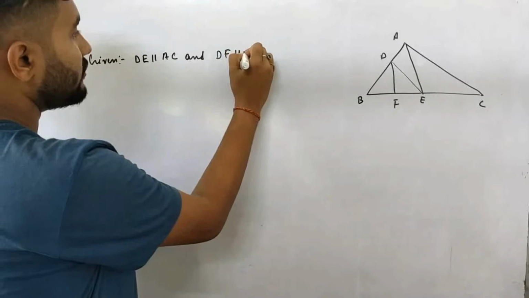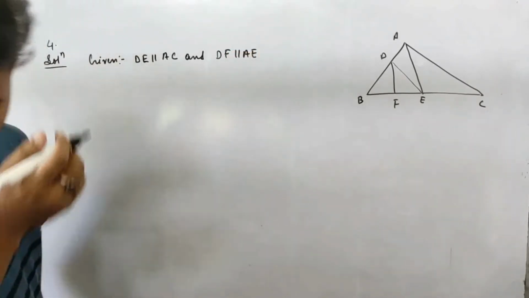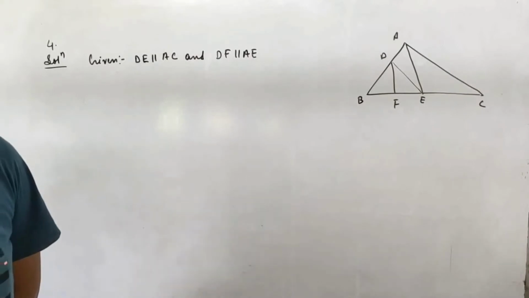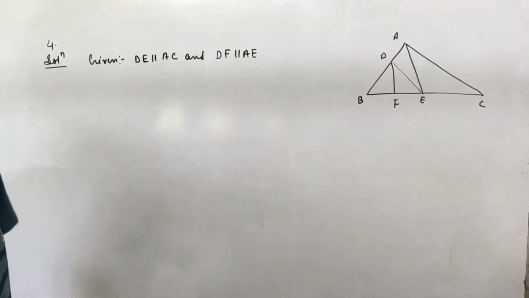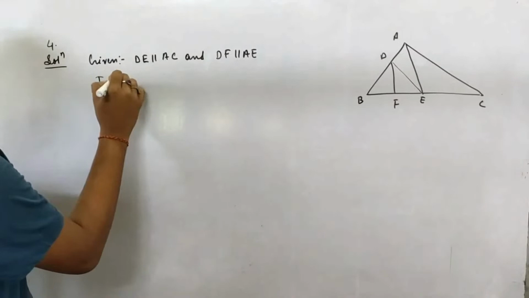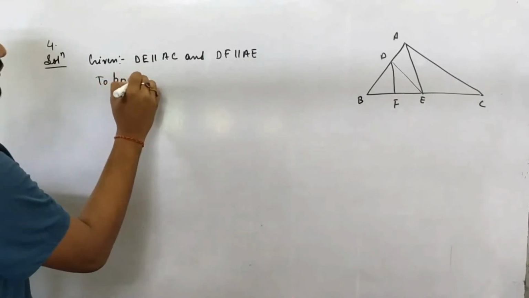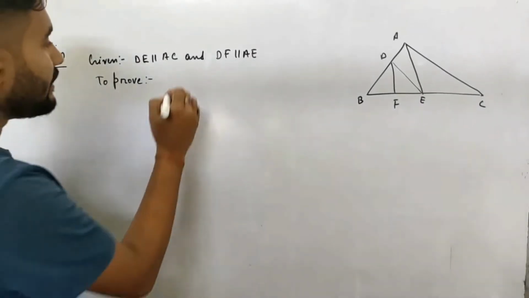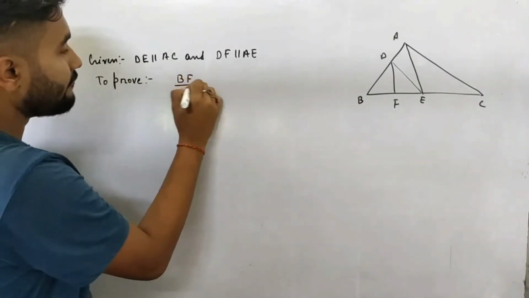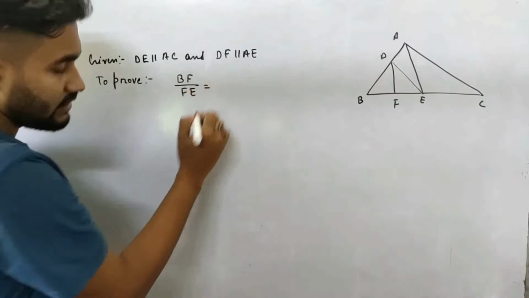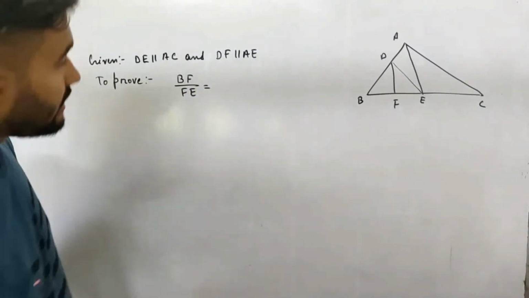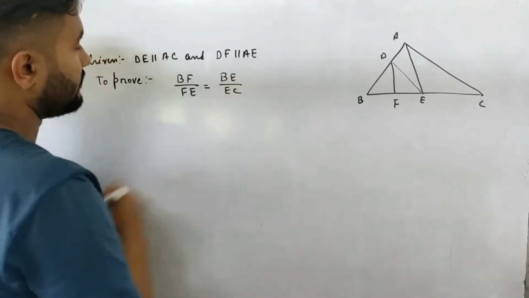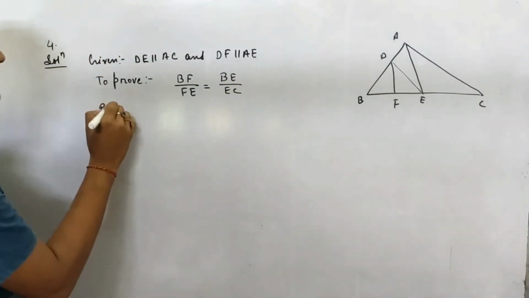This is given, right? Prove that BF by FE is equal to BE by EC. So prove that. That means to prove what we have to prove. BF by FE is equal to BE by EC. So start the proof.